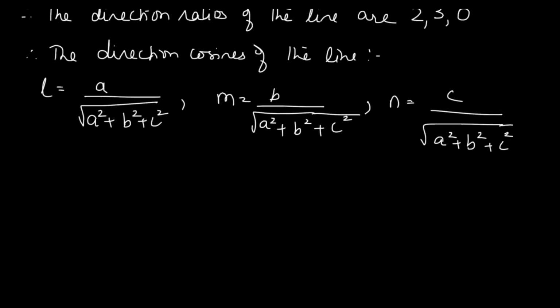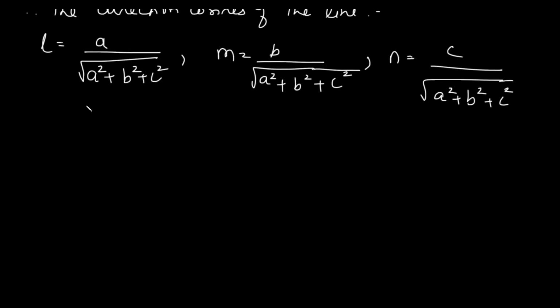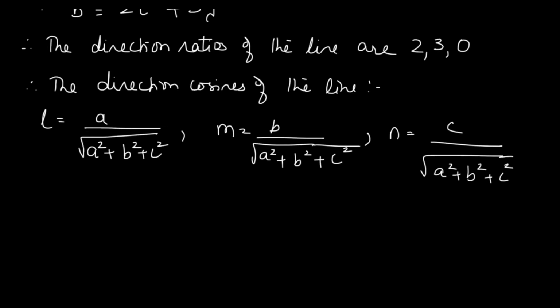So l, m, n are the direction cosines of the line. Now we are considering acute angles, and therefore we are taking the values as positive. You know that it can be positive or negative.